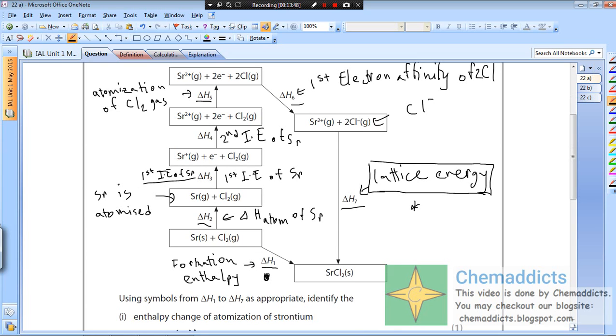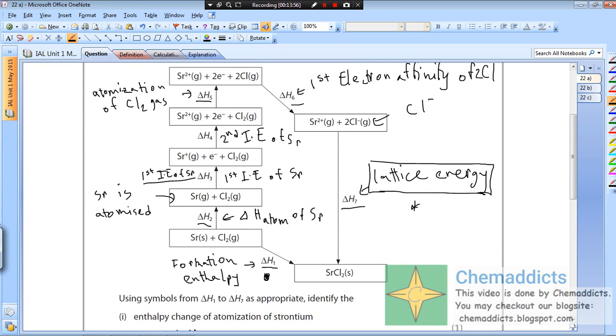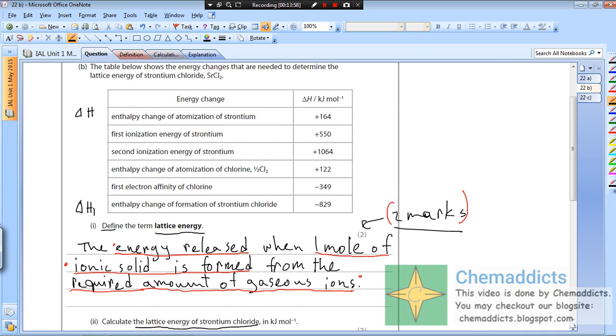This is del H1 formation, 2, 3, 4, 5, 6, 7. Since this is formation enthalpy, this would be del H1, and electron affinity, atomization del H2, atomization of strontium is del H2.